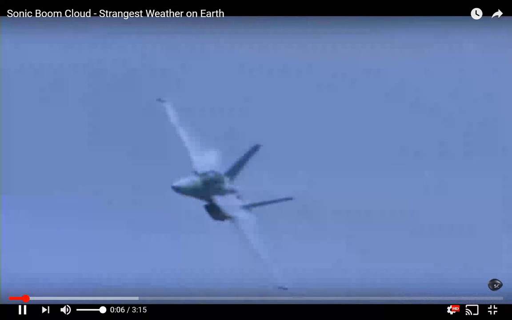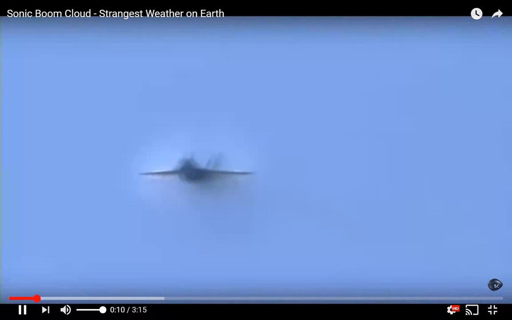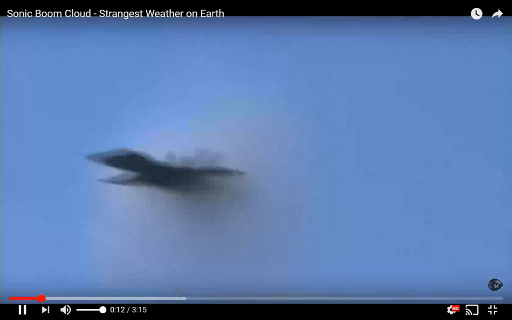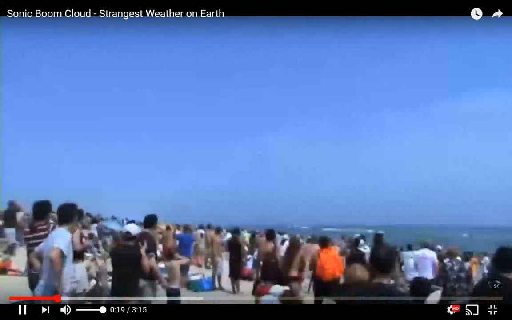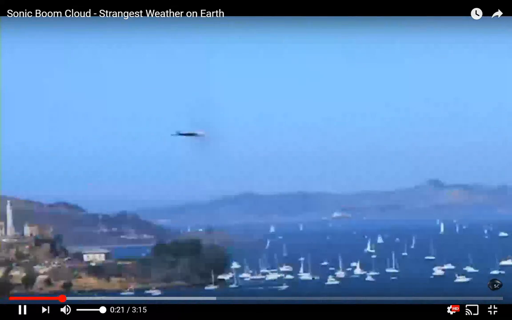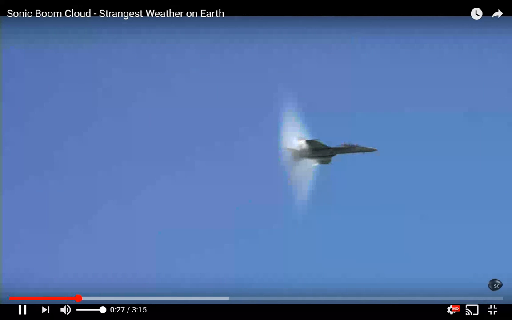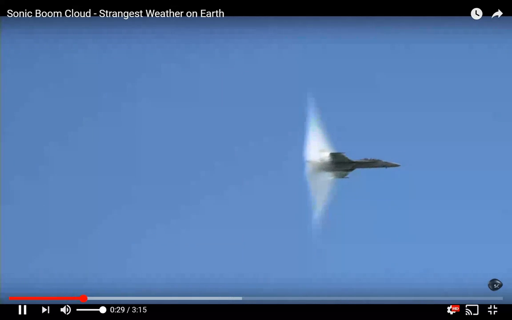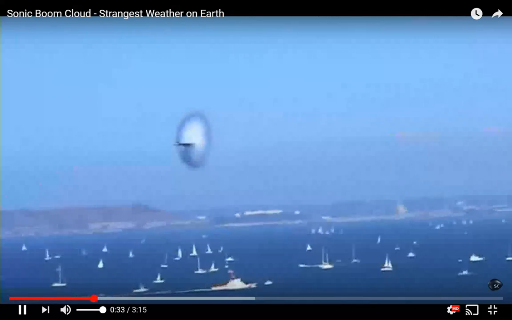All right. A fighter jet roars across the sky. Suddenly, there's a burst of white surrounding the wings. The crowds watch in amazement. This isn't an engine malfunction, and the jet isn't about to explode. By slowing the footage down, this amazing vision becomes clear. As the plane approaches the speed of sound, it is momentarily engulfed by a blast of cloud.